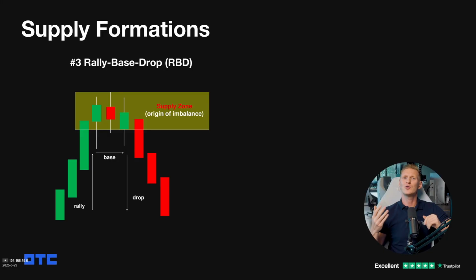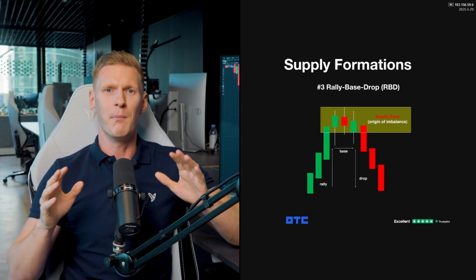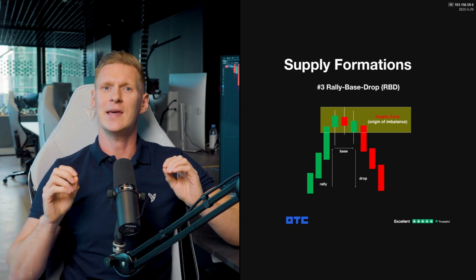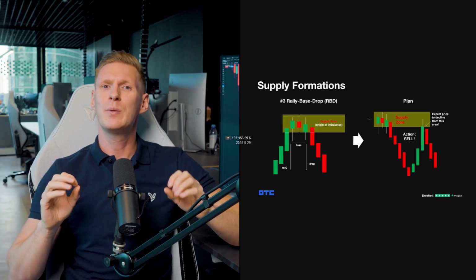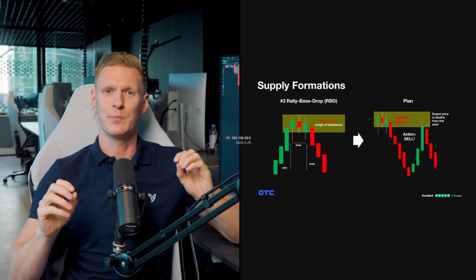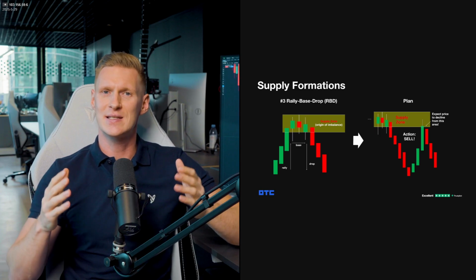Let's look at how to act on the first supply formation, the inverted U-shape or rally-based drop. Once identified, we highlight the base, mark it with 2 lines, and extend them forward. Rather than chasing the initial drop, we prefer to sell when price returns to the origin of imbalance, which is the base.